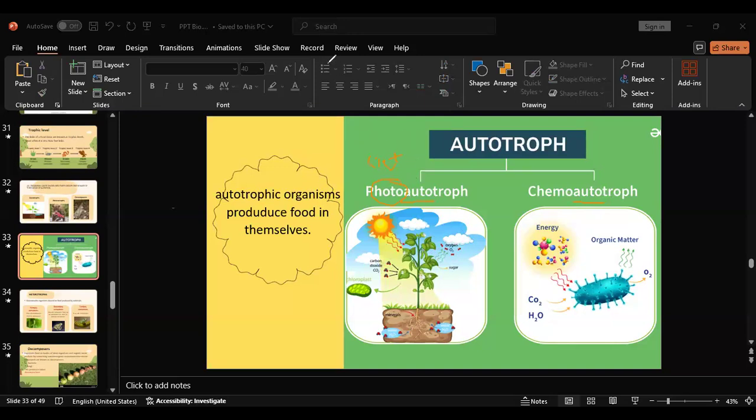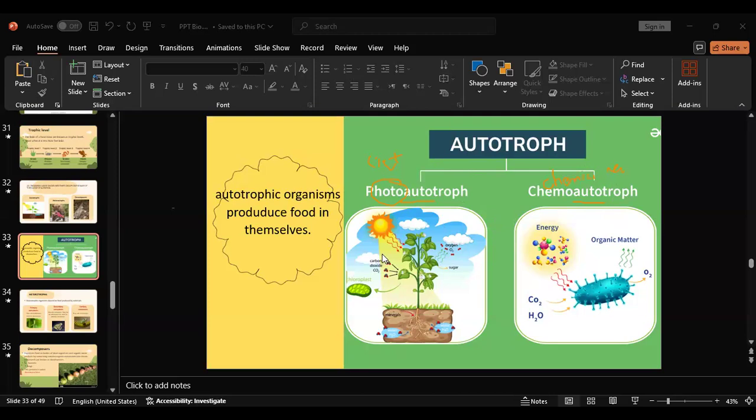Photo means light. Chemoautotrophs produce food by using chemical reactions. Both are producing food themselves, but the helpers are different. One uses light, the other uses chemical reactions. That's why we classify them into two, photoautotrophs and chemoautotrophs.